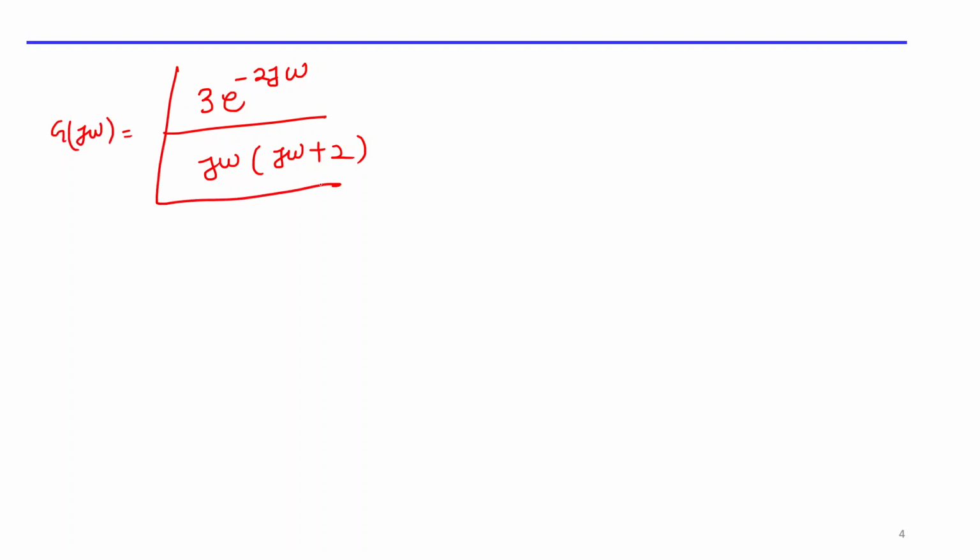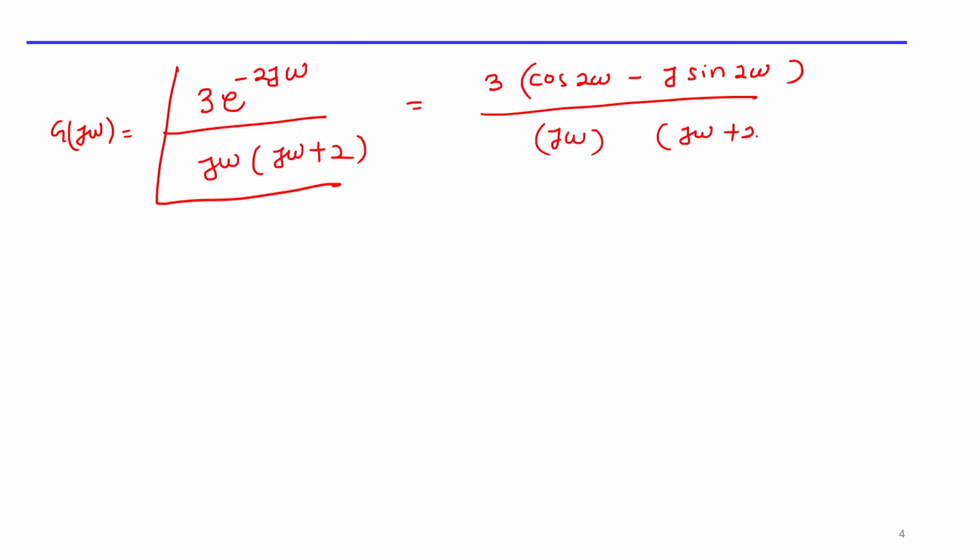Angle, I'm just giving this sign. So how to find it? For the numerator part, e to the power minus 2 j omega is cos 2 omega minus j sine 2 omega. I'm just expanding the term, I'll find the angle later. Just simplifying j omega and j omega plus 2, you have to find the angle of each term. The numerator part angle will be tan inverse of minus sine 2 omega divided by cos 2 omega.